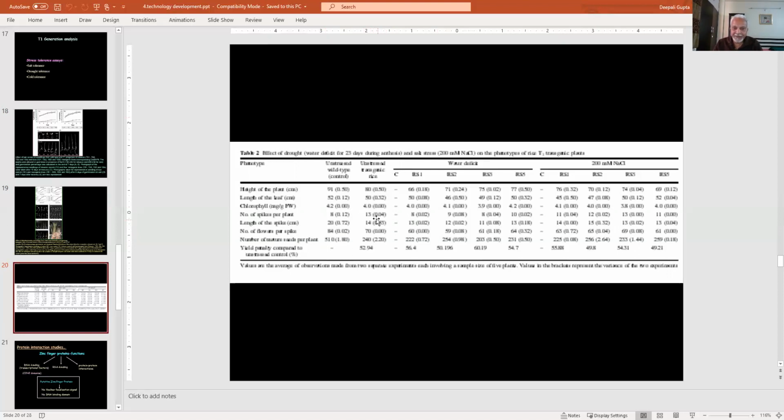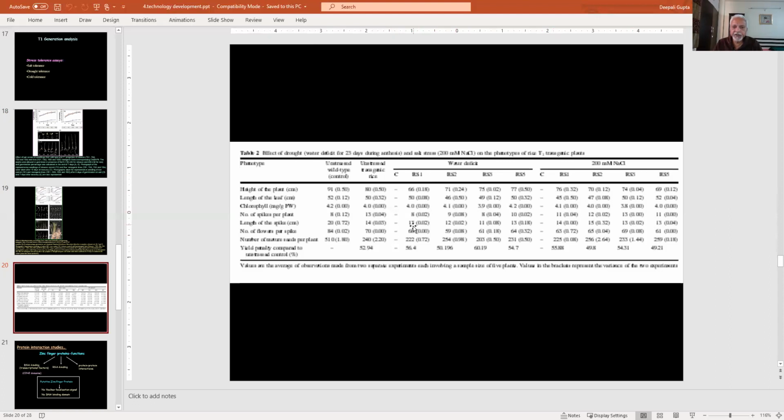But then if you come here, when the control plant is exposed to stress of salt or drought, it dies within 20 days. You can see there is no growth, so there is no plant to compare with. And these are the different transgenic lines.